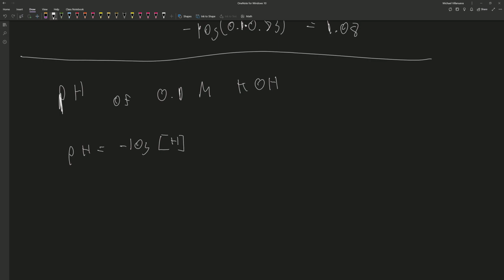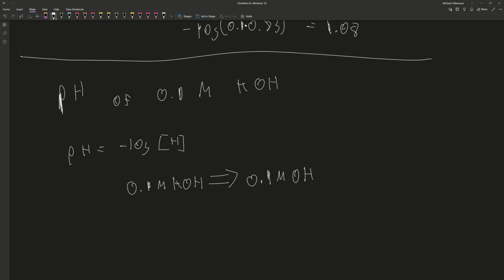We have the OH concentration. So we need to do something. We know that if we have 0.1 molar KOH, we have 0.1 molar OH, because this is a strong base, so we say it goes essentially 100% dissociation. Therefore, its OH concentration is equal to the concentration of the non-dissociated form.